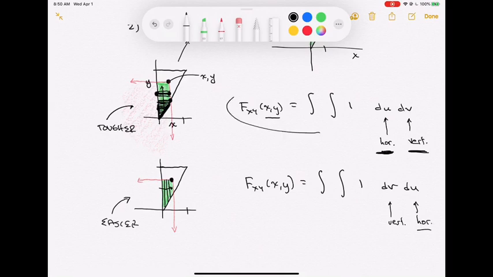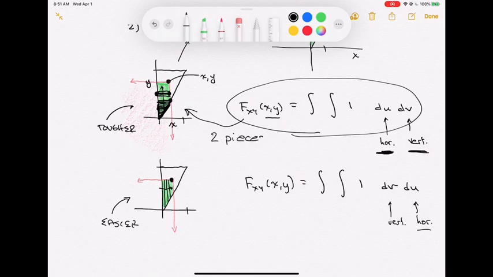This single expression would have to be done in two pieces because of the way that the logic changes right there, when I go from being bounded on the right by the diagonal line to, above that, being bounded on the right by u equaling x.